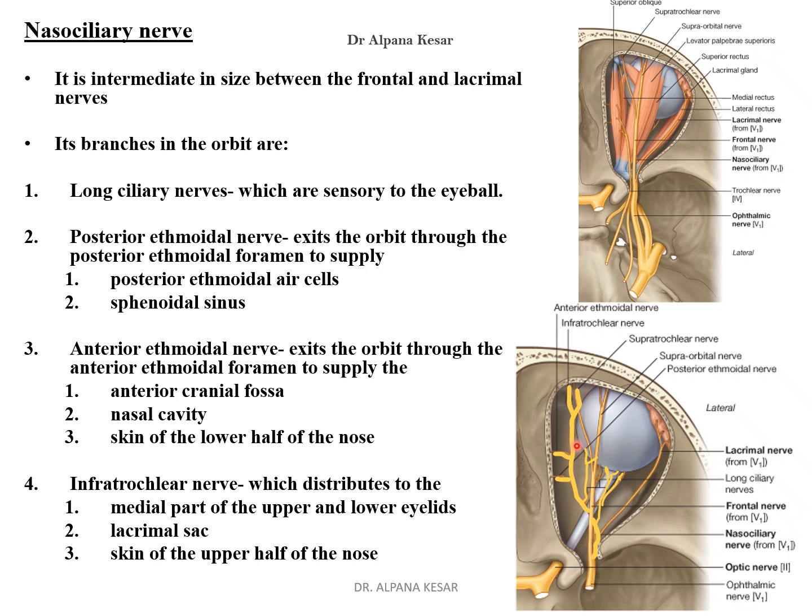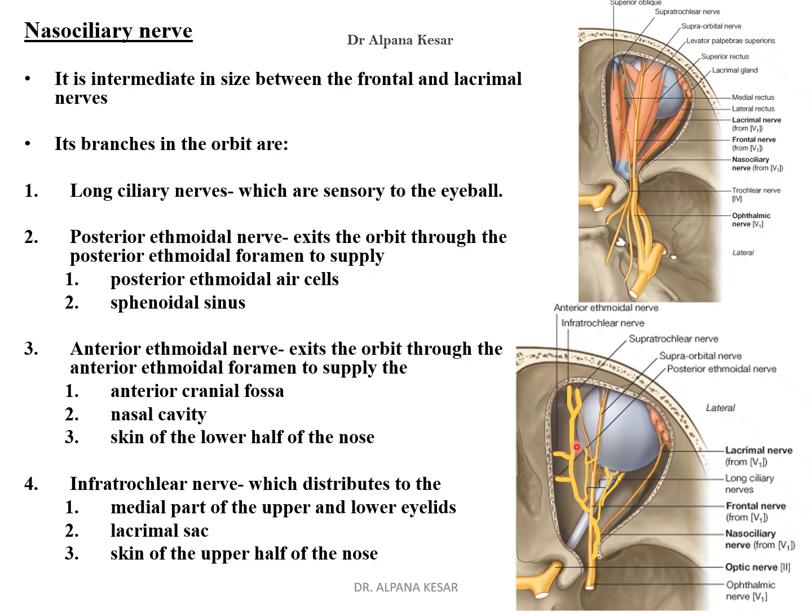The branches of nasociliary nerve are the long ciliary nerves, which are sensory to the eyeball. Posterior ethmoidal nerve exits the orbital cavity by passing through the posterior ethmoidal foramen and is sensory to the posterior ethmoidal air cells and sphenoidal air sinus.